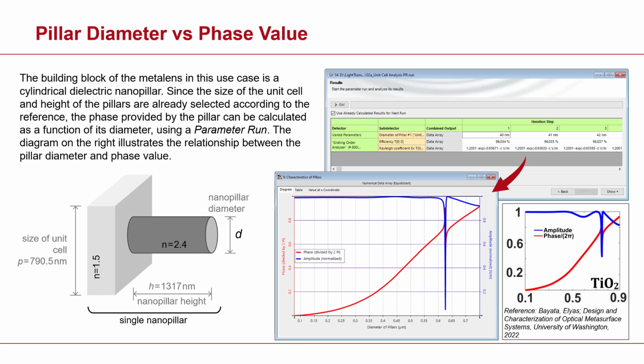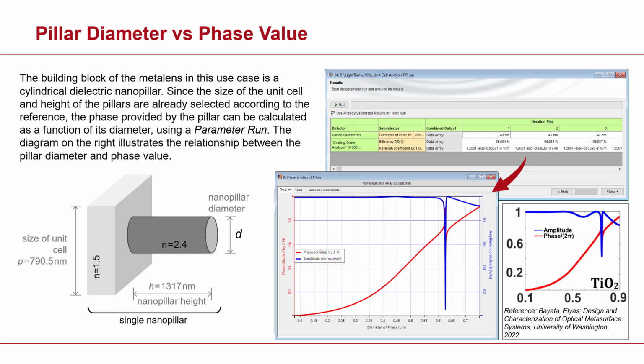Again, as before, the pillar height is determined in conjunction with the refractive indices of the materials and the diameter range that we're going to envisage for the pillars, to ensure a reasonable aspect ratio for the pillars and to ensure that we will be able to fabricate the structure later on.